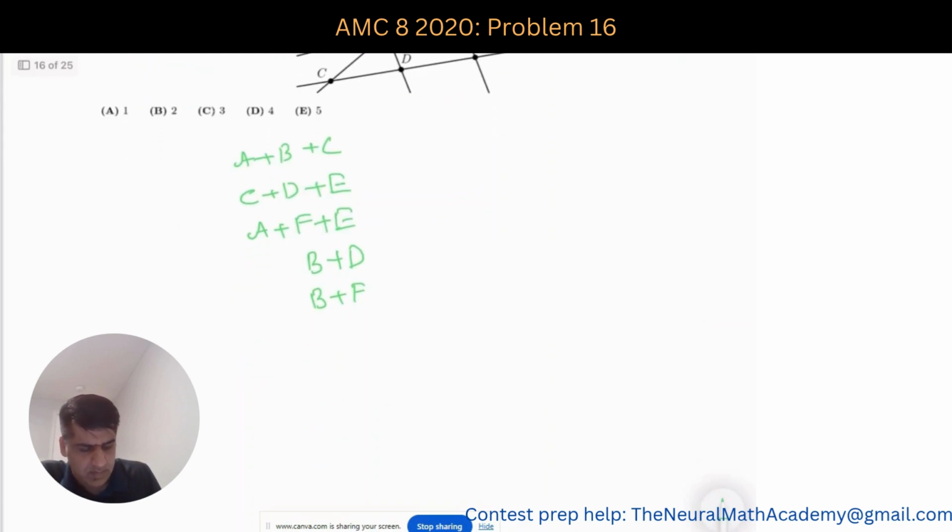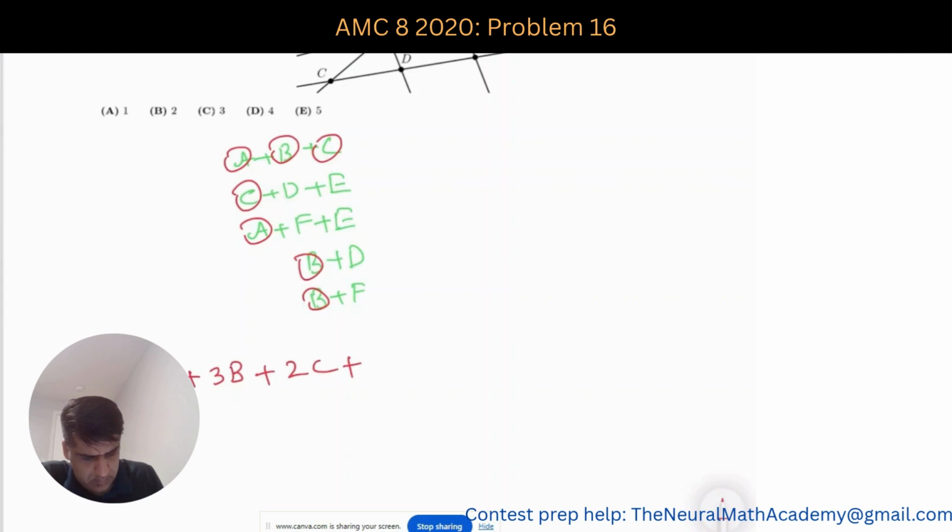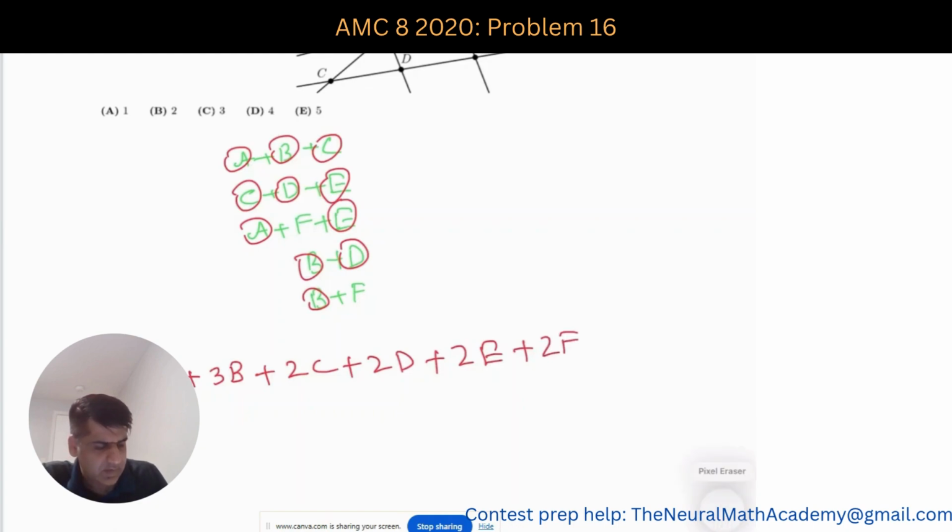So now I will sum them up and I get 2A plus 3B plus 2C plus 2D plus 2E plus 2F, and that is equal to 47.